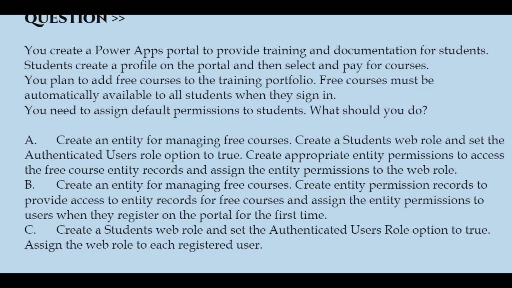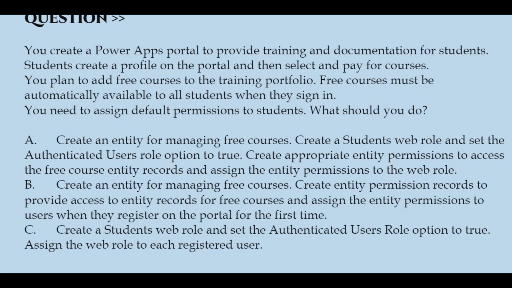Option A, create an identity for managing free course process. Create the student web role and set the authenticated user's role option to true. Create appropriate entity permission to access the free course entity records and assign the entity permissions to the web role. Option B, create an entity for managing free courses.